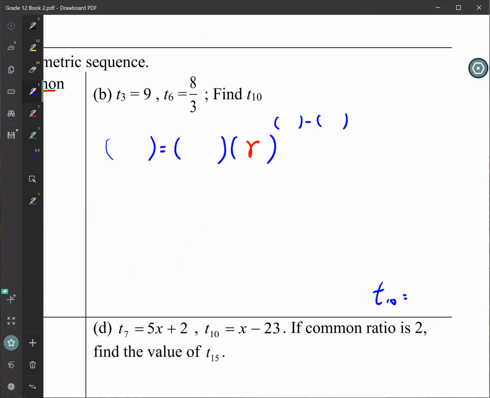Because the question has fractions, like 8/3, please leave your answer in fraction if possible.